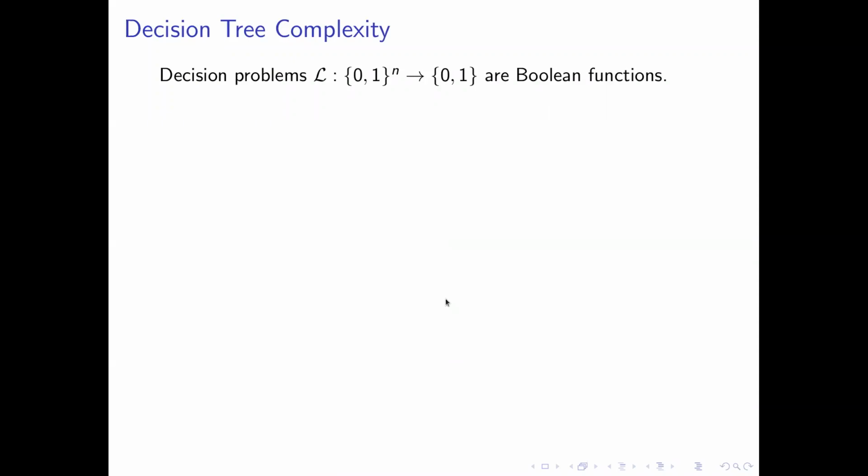Let's introduce another complexity measure: decision tree complexity. A big part of computer science is understanding and analyzing decision problems, and these decision problems are nothing more than Boolean functions.